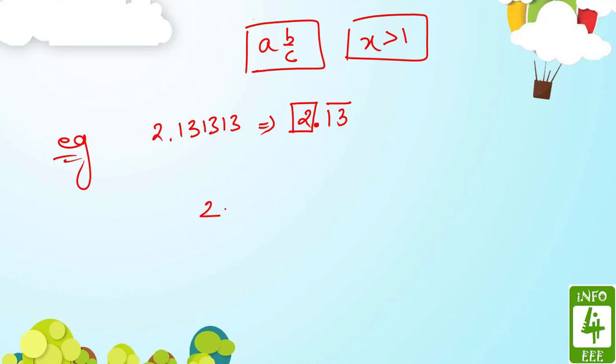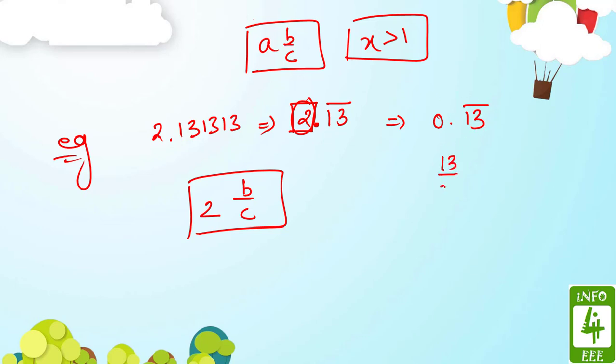Now you need to find B and C. For finding B and C, consider this number as 0.13 bar, because you have already taken the 2 as A. So the number is 0.13 bar. Now you can divide this in the form of A upon B. How do you do this? 13 upon 99. So this is your B and C here. So the answer will be this, 2 13 upon 99.